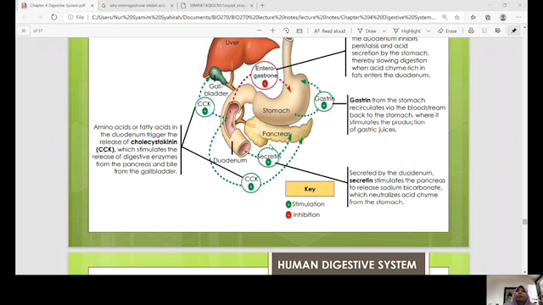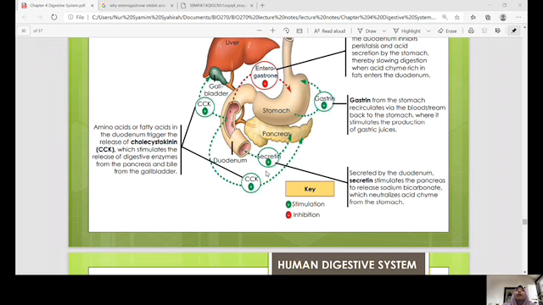Okay, bila makanan yang berasid dalam perut tadi dia nak masuk ke dalam duodenum, of course dia akan membawa asid dari perut itu bersama-sama. Jadi duodenum akan detect perkara itu. Dia tak nak ada asid yang banyak akan melalui small intestine kita. Kan bahaya. So apa yang berlaku ialah secretin akan diriliskan ataupun akan dihasilkan.